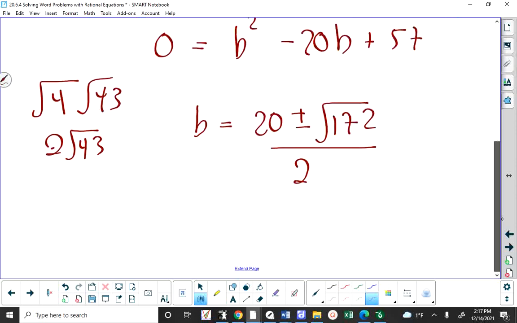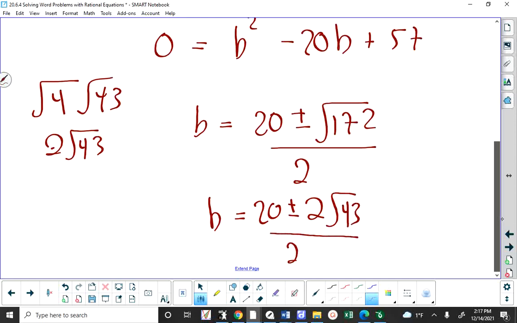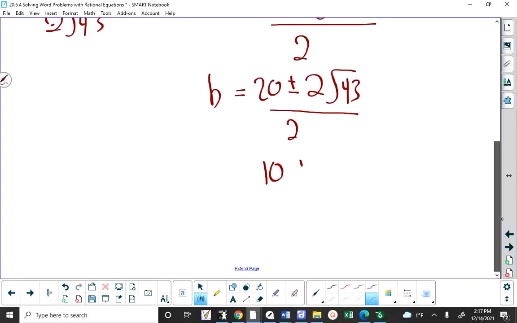I would put 2 root 43 in for this radical. And then this fits in nicely with this unit. How do I cancel? I factor. I factor a 2 out of the top to cancel with the bottom. And you're going to be left with 10 plus or minus root 43.